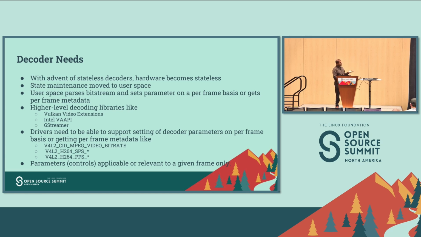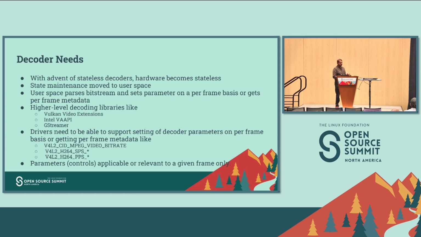Some of the other needs that drove the design of the request API come from the V4L2 mem-to-mem decoders. There's a recent trend where a lot of the decoders are turning stateless. In the past, a lot of ARM-based SoCs used to have stateful decoders, which means you read the file contents and give it to the decoder, and a lot of the internal state management was done either by the hardware or by some accompanying processor.